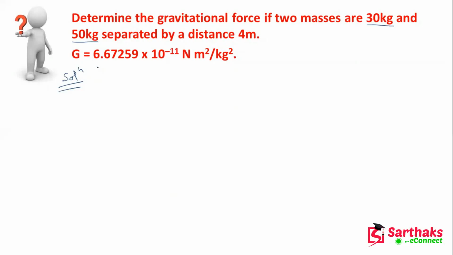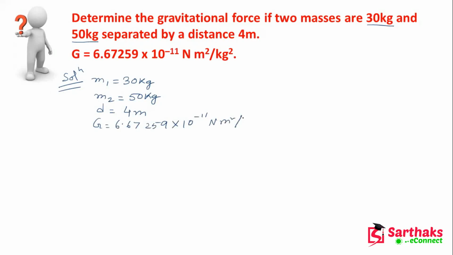Fine. So mass, let it be M1, that is 30 kg, M2 is 50 kg, distance d is 4 meter, and G has been given as 6.67259 into 10 to the power minus 11 Newton meter square per kg square.